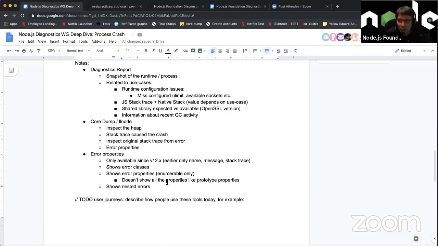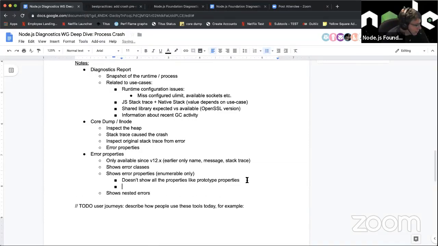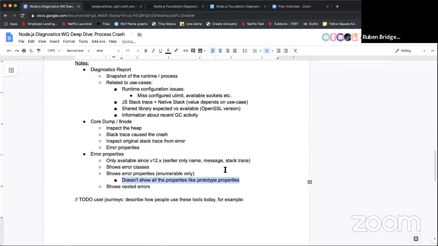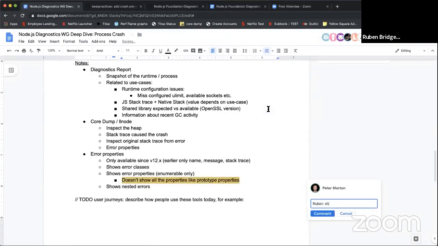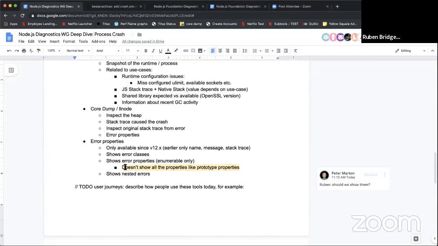Was there any discussion about that before? Like, was it a conscious choice not to print those? I think it was not a conscious choice. I think it was just historical. If you think about error toString, it is exactly what it was before, and that's how it was printed since the beginning of Node.js until I changed it to also include... No, wait.